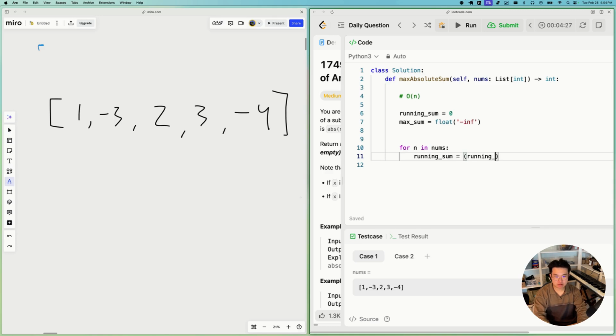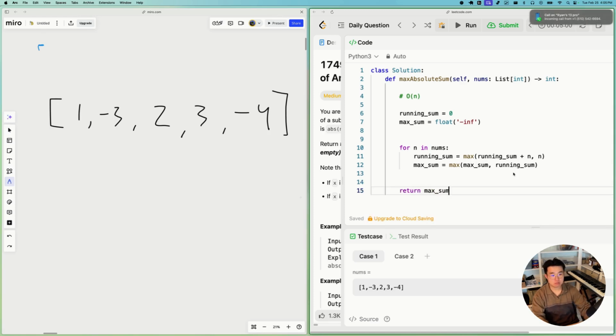No, so either it's the current running sum plus n, or we start over at n, whichever is bigger, right? Because we always want the bigger one. And then the max sum is just the max of the max sum or this running sum. And then we could just return the max sum.